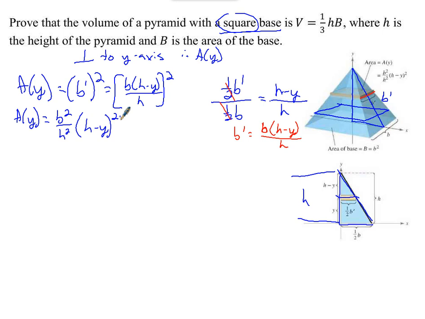Yes, it is. A of y, and we have a y sitting here. We don't have an x. What is this? It's a constant. What is this? It's a constant. So here's my variable right here. So we're basically set to go.